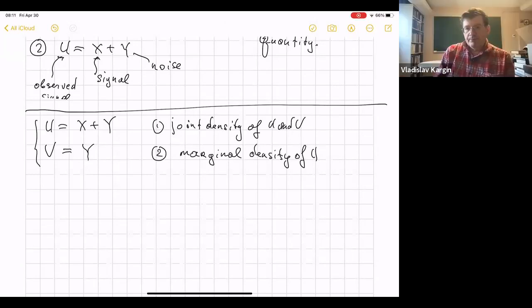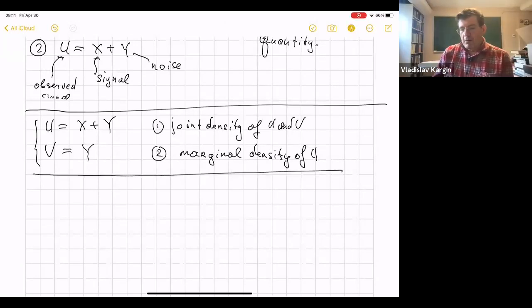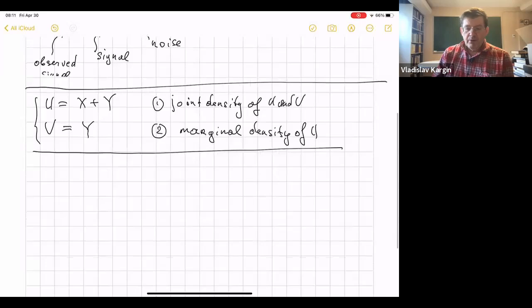Now this is easy to do in this case because the inverse transformation is easy. So y is equal to v from the second equation.